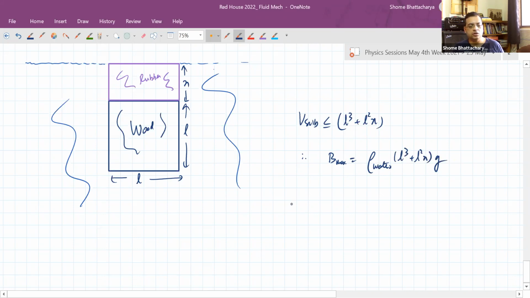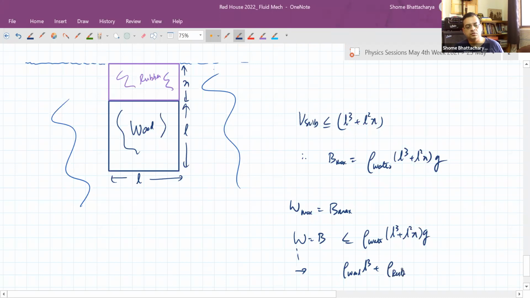So the maximum total weight is going to be equal to this maximum buoyant force, or in general, the weight is going to be density of wood into L cube plus density of rubber into L square x into G. It should be less than equal to this. So this is the condition that we get.